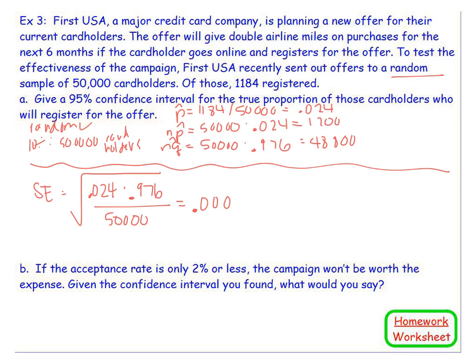So it's okay if you only use one more digit. 0.0007. Well, now the next question is, how many standard errors do we need? Well, the magic number was 95%, which is 2 standard errors. So 2 times 0.0007 gives us 0.0014.